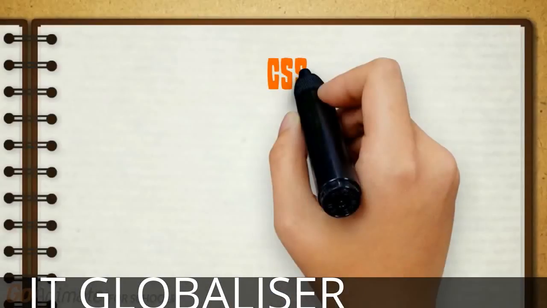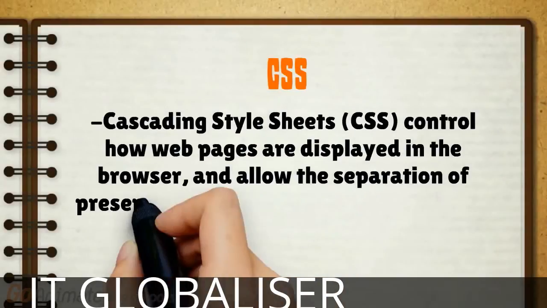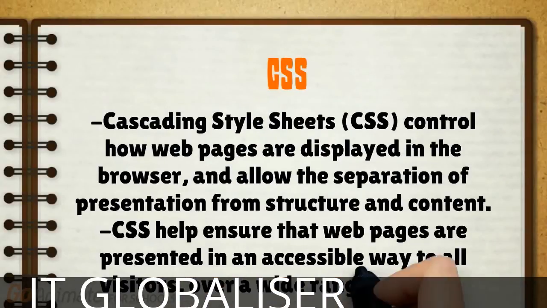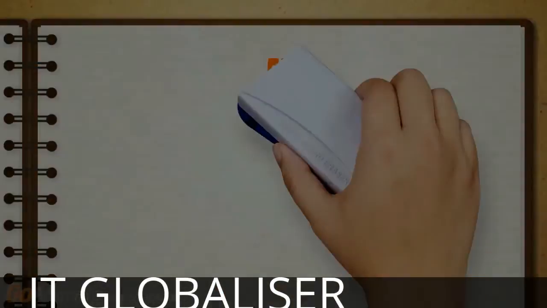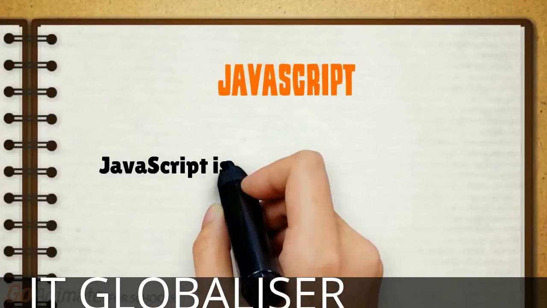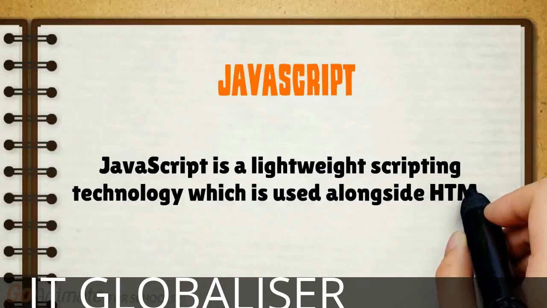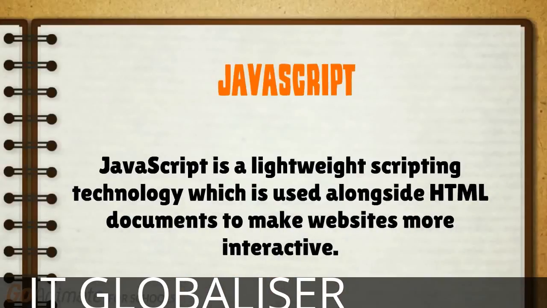Cascading style sheets, CSS, control how web pages are displayed in the browser, and allow the separation of presentation from structure and content. JavaScript is a lightweight scripting technology which is used alongside HTML documents to make websites more interactive.